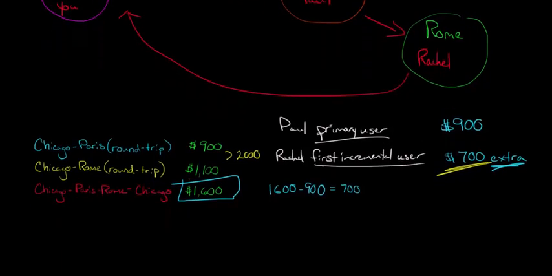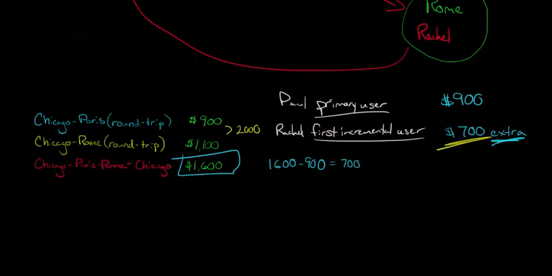So let's say that the primary user was Rachel. Then Rachel would get charged the 1100.